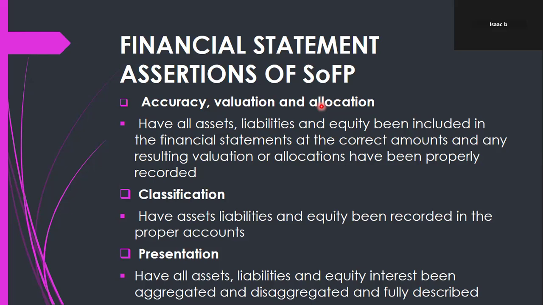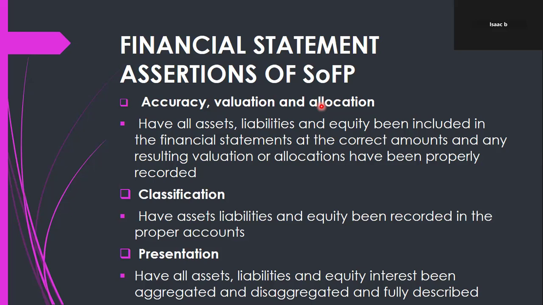You include all the tax expenses incurred, all the incidental costs incurred to bring the asset to its working condition, and you also add the present value of all future cash flows related to restructuring the place where the asset is mounted. Have all those amounts been valued correctly, right? Have they been allocated to the particular asset or liability correctly as they are supposed to be recorded? That's accuracy, valuation as well as allocation.